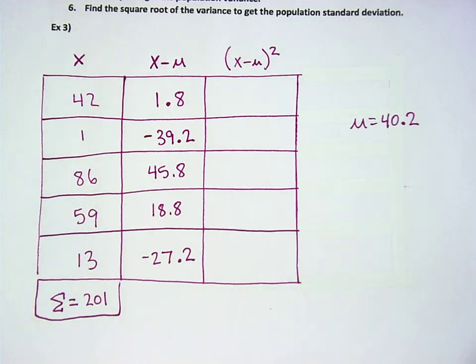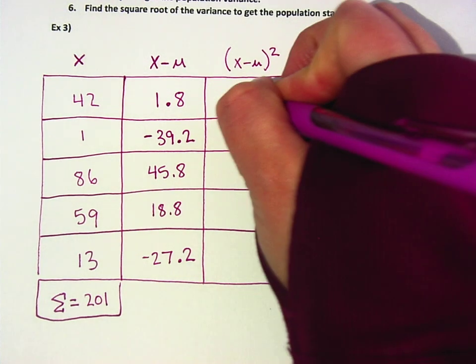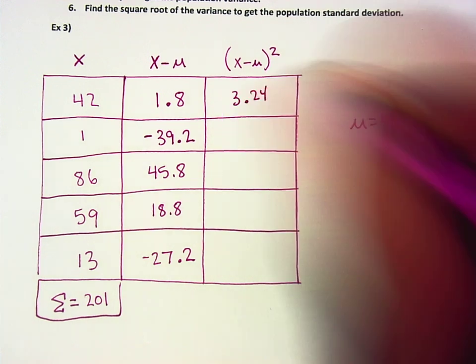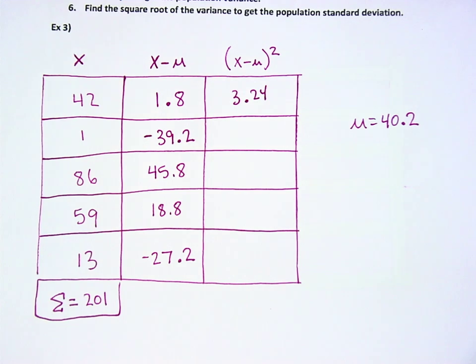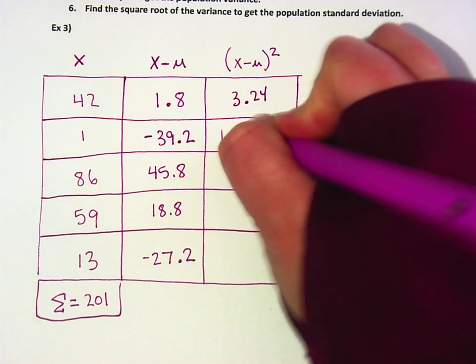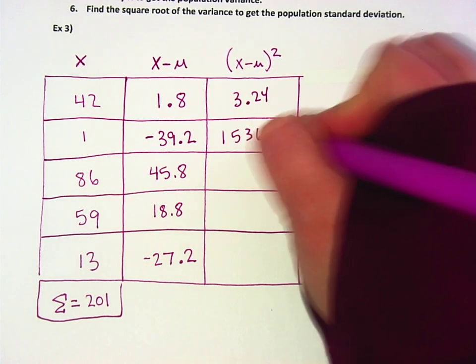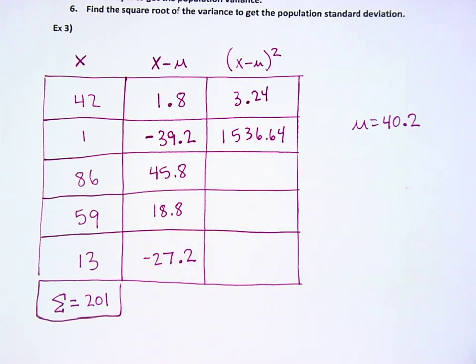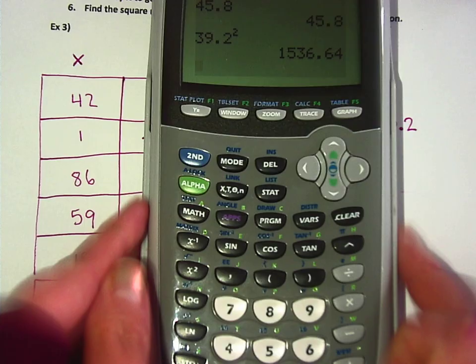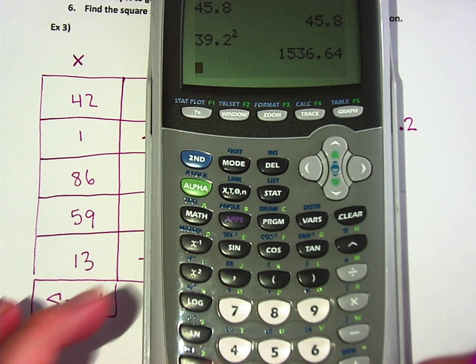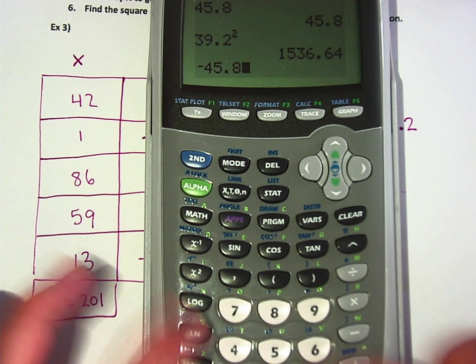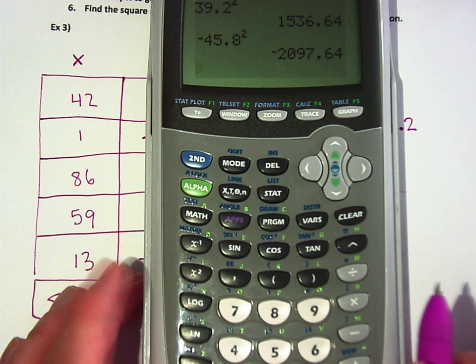I somehow just squared a negative number and got a negative number back. If I'm trying to figure out 45.8 squared, and I type in negative 45.8 squared, it will give me a negative number back.